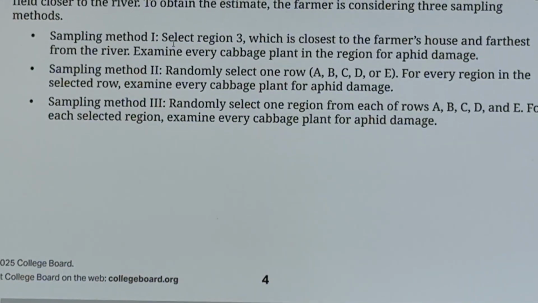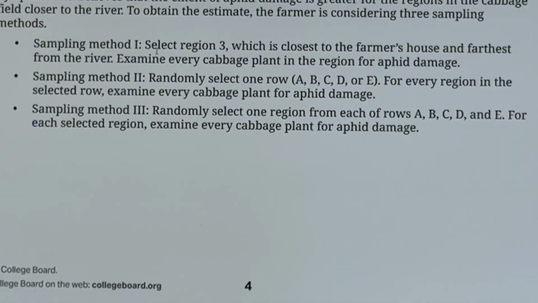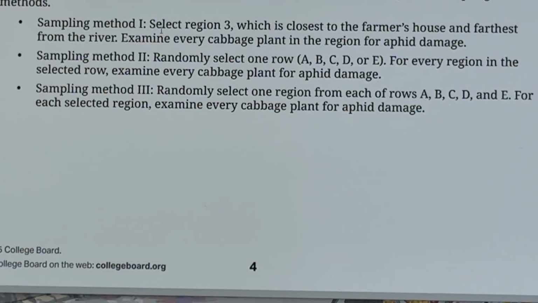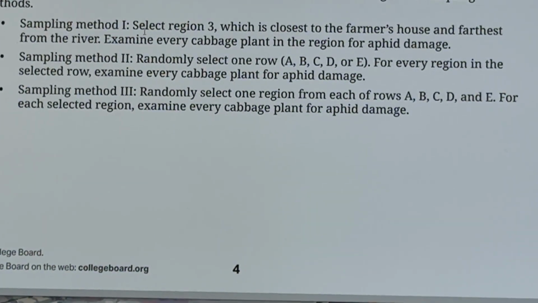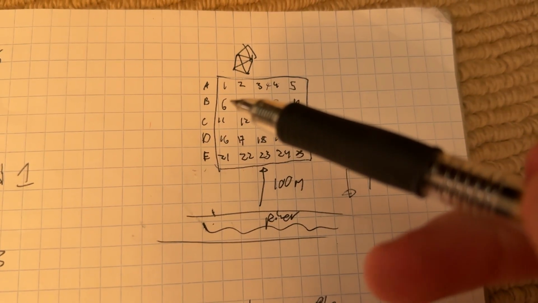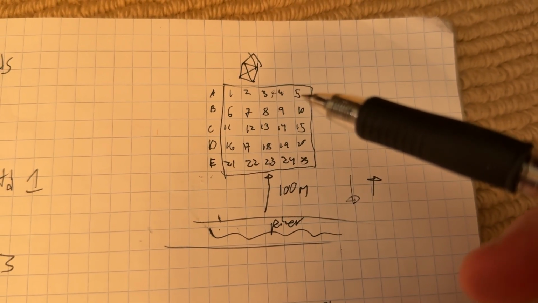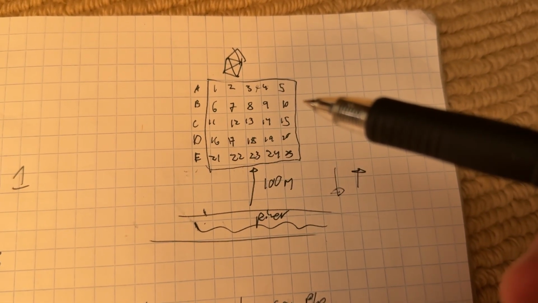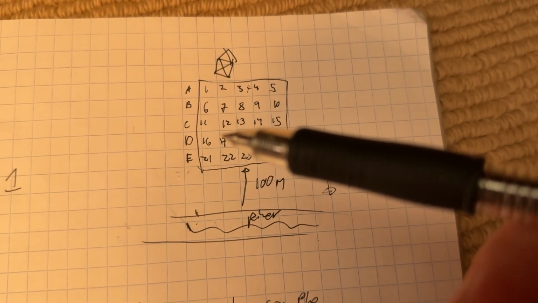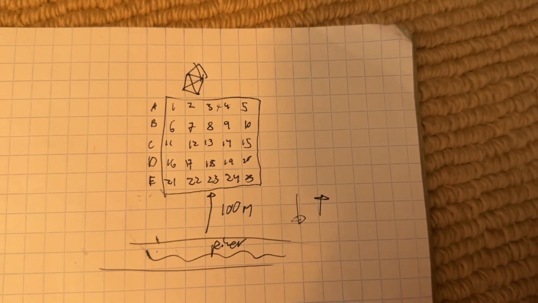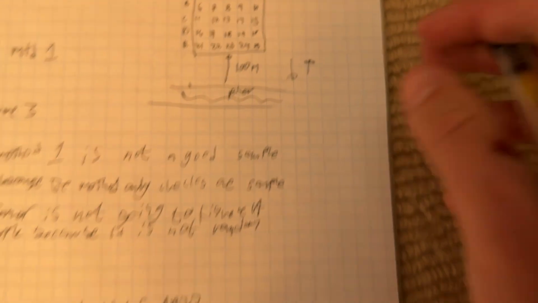And a recap of sample method 3, which is to randomly select one region in each of the rows and inspect the cabbages. So essentially the farmer will randomly select one region in row A, 1 through 5, one region in row B, 6 through 10, and rows C, D, and E, and so on, and check the aphid counts.